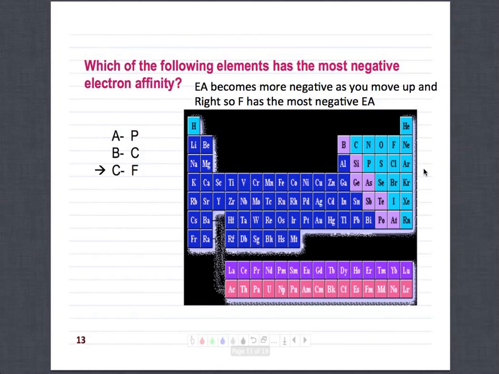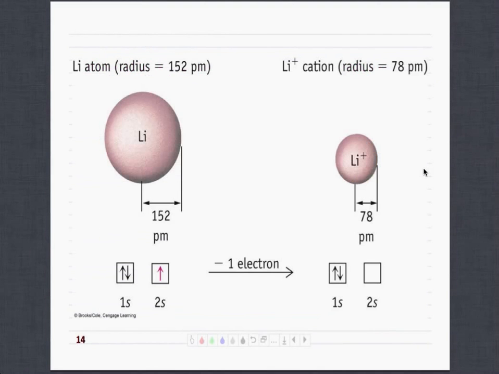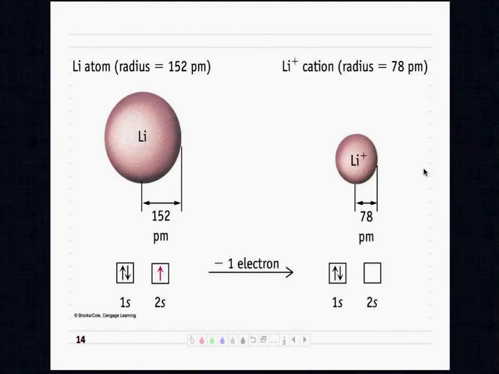Okay. Now we talked about the atomic radius inside the periodic table. Now what we're going to talk about is the ion, the size of the ion radius, the ionic radius. An example of that: we talked about the ionization energy, and we said, what if lithium loses one electron? This is the electronic configuration of lithium. It is 1s2, 2s1. If it loses one electron, it's going to be 1s2. Now, how would that affect the size of lithium plus?